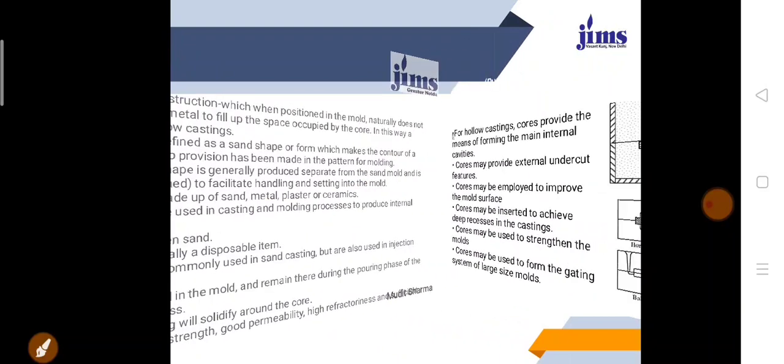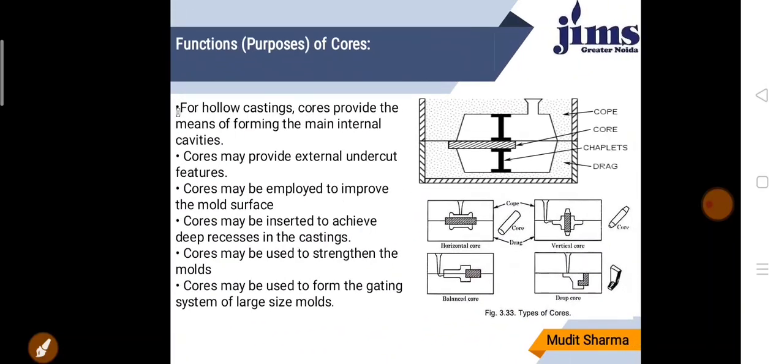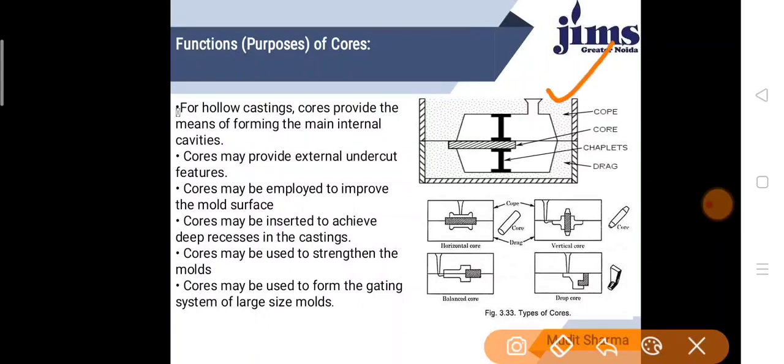Now, for the hollow casting, core provides the means of forming the main internal cavities. In this schematic diagram, there is a core. You can see in this video, this is a core.